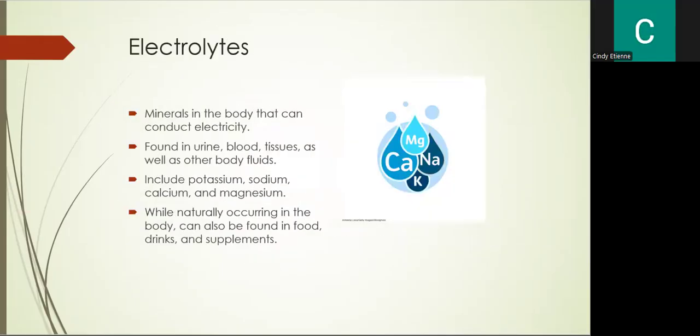So electrolytes are minerals that carry an electrical charge when dissolved in body fluids. They're found in the blood, urine, tissues, and inside and outside our cells. The four major electrolytes we'll focus on for this semester will be sodium, potassium, calcium, magnesium.